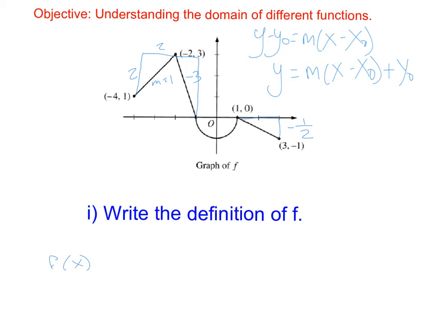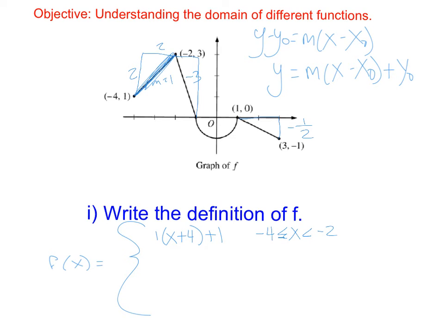So f of x equals. I have a slope of 1 for this first piece here. Pick one of the points, it doesn't matter which one. So 1 times x plus 4 plus 1, and that's from -4 less than or equal to x less than -2. It doesn't actually matter if you put equal to at the -2.